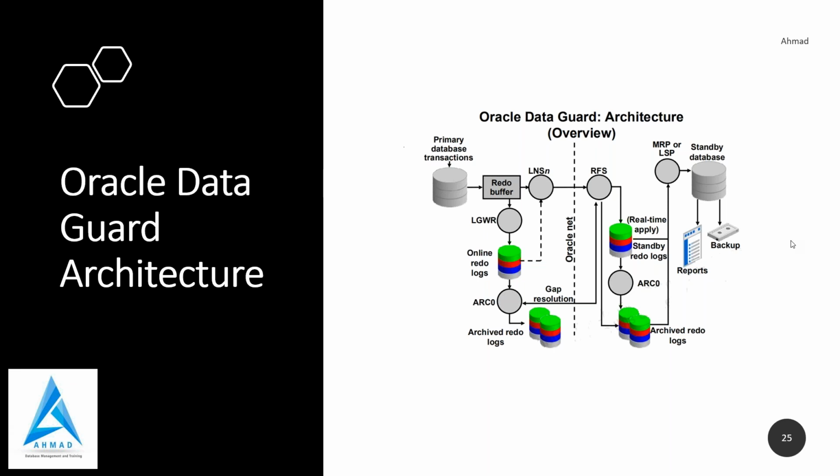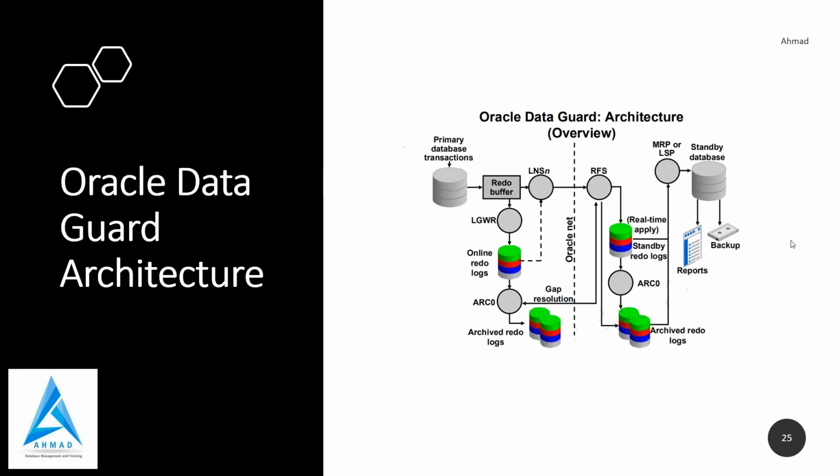Okay, so if you see the Oracle Data Guard configuration, here the primary database is there, and after that the redo log buffer is there, and LGWR is there, and the online redo log file is there, and the ARCn process is there, and the archive log file is there, right? And another process you are seeing is LNSn, okay. Then on the standby side you have the RFS process, and when you have real-time apply, then it requires the standby redo log file, as I said. Then after that the ARC0 archiver process is there, then the archive redo log is there.